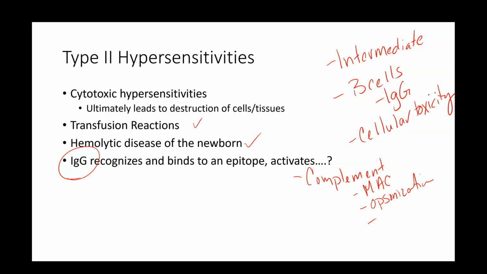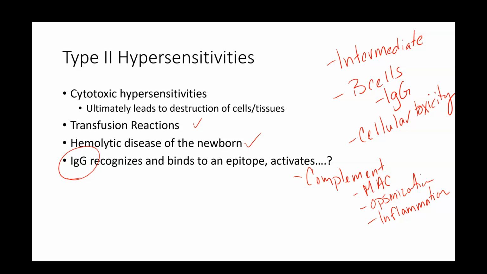I can't think of it. Complement. Inflammation. Right, the three outcomes of complement activation.